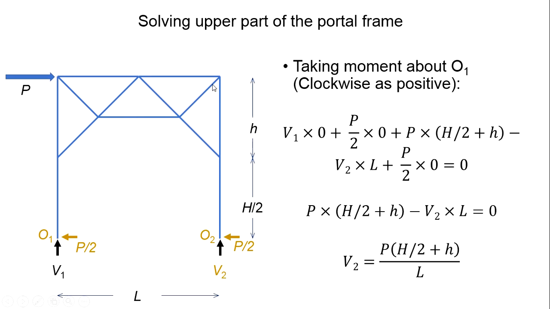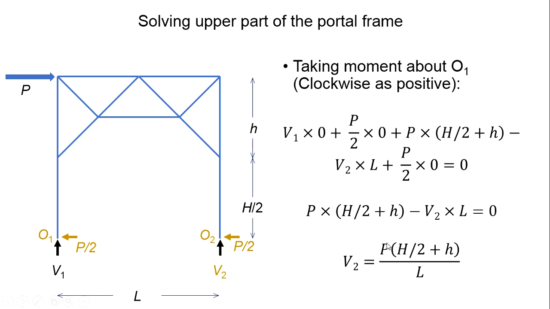Next are these two forces: V2 multiplied by L, which will produce anti-clockwise moment, so minus V2 into L, and P by 2, this horizontal force, passes through O1, so P by 2 into 0.